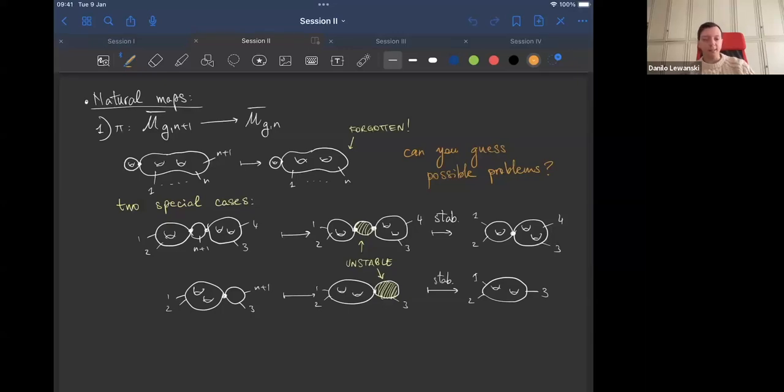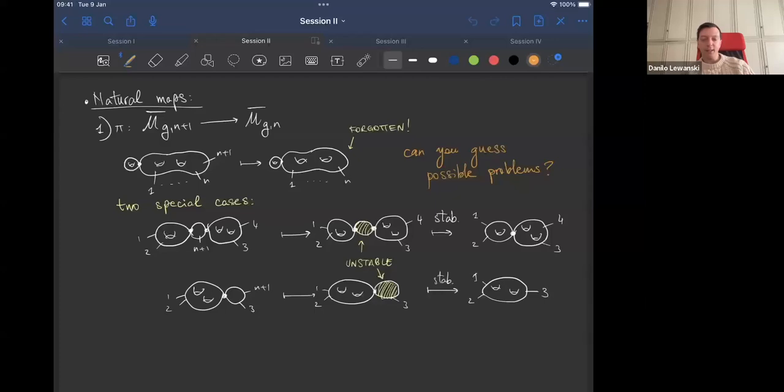So you need to stabilize it. How do you stabilize it? Well, it's very easy. You just shrink the entire component to a point, and the two nodes get to coincide. And this is fine for dimensional reasons, because you forget the marked point, but you also forget a node. So now the dimension is safe.